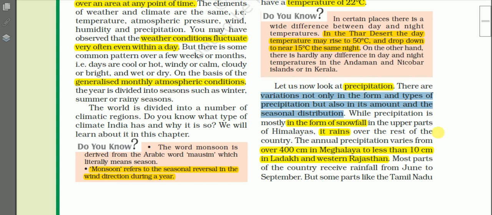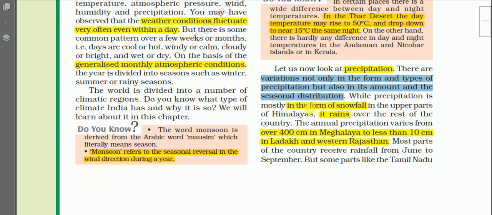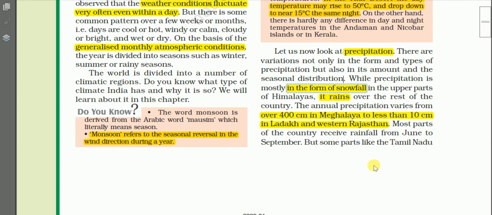While precipitation is mostly in the form of snowfall in the upper part of the Himalaya, it rains over the rest of the country. As I have told you, the annual precipitation varies from over 400 centimeters in Meghalaya to less than 10 centimeters in Ladakh and western Rajasthan.